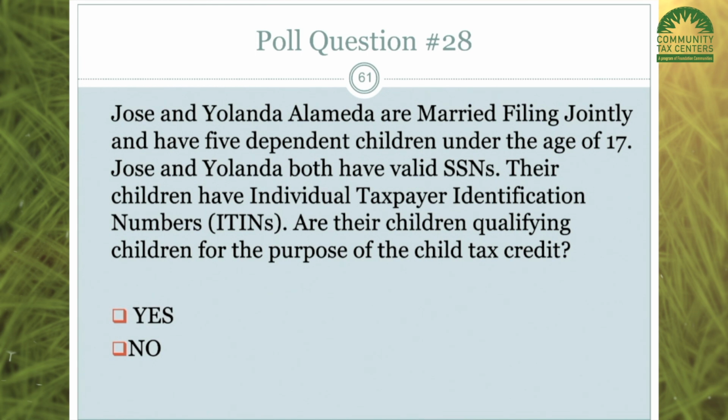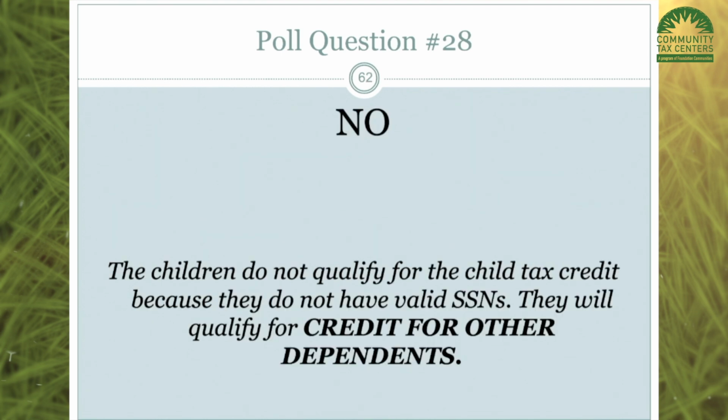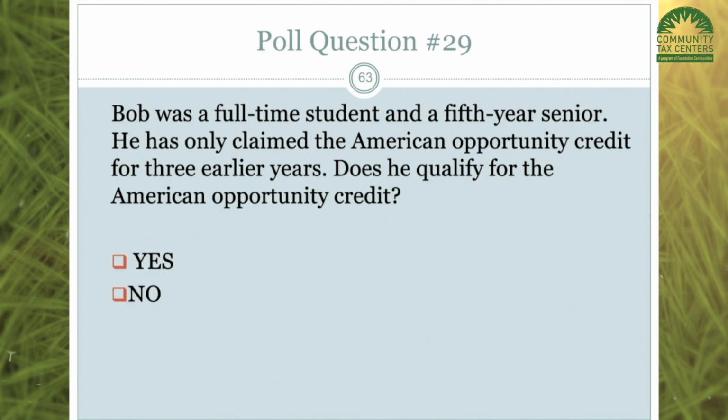Are their children qualifying children for the purpose of the child tax credit? No. Correct. They do not qualify. Now, they will qualify for the credit for other dependents. So they will get the $500 credit for that, the other dependent credit, up to their tax liability.